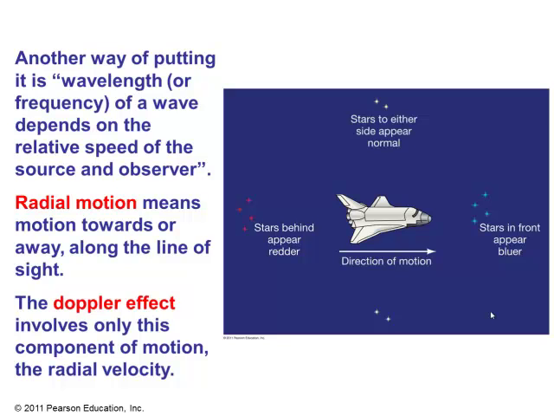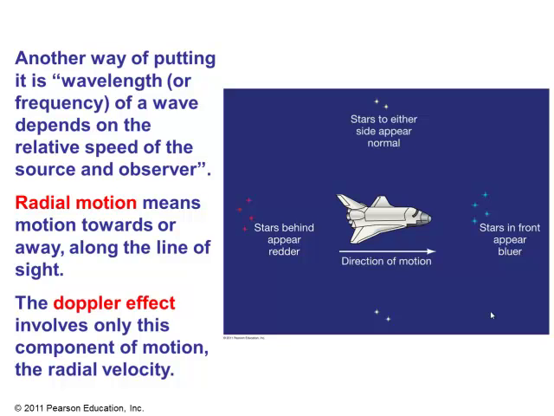Now, I want you to keep in mind that this Doppler effect only takes place along the direction of motion, which is what we call the radial motion, the part of the motion that's towards or away along the line of sight, which is why in this picture, the stars that are perpendicular to the spaceship, so the ones that are on top and the bottom of the space shuttle, they appear normal because they're perpendicular to the direction of motion.